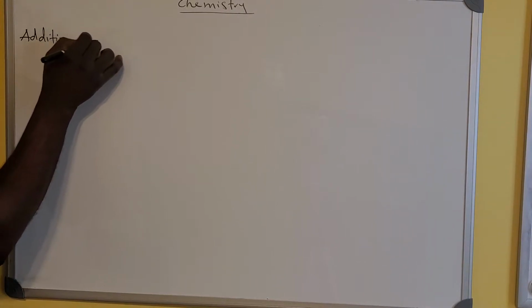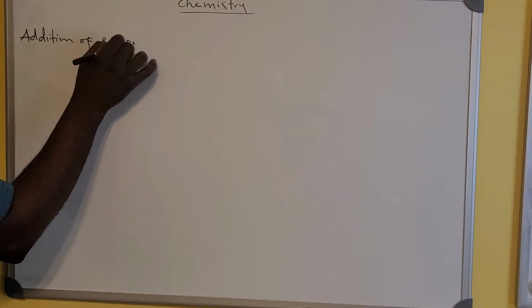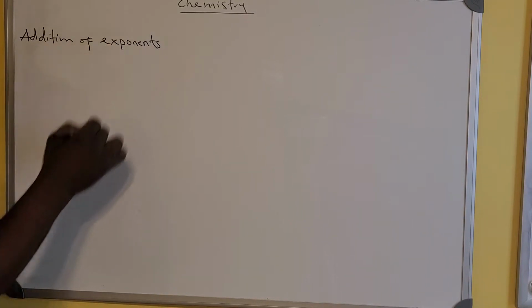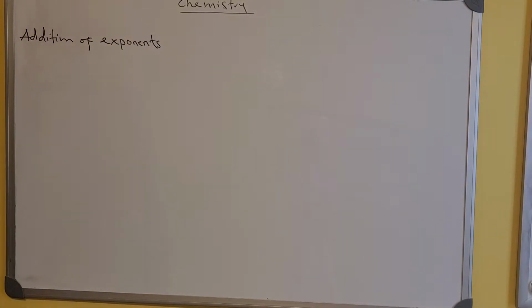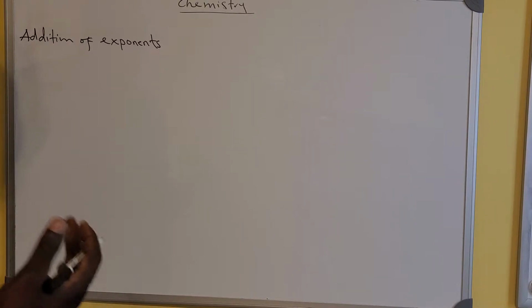So the first one is addition of exponents. And you might be wondering, why are you learning this in chemistry? That's because in chemistry we deal with very small numbers, and at the same time we deal with very large numbers.